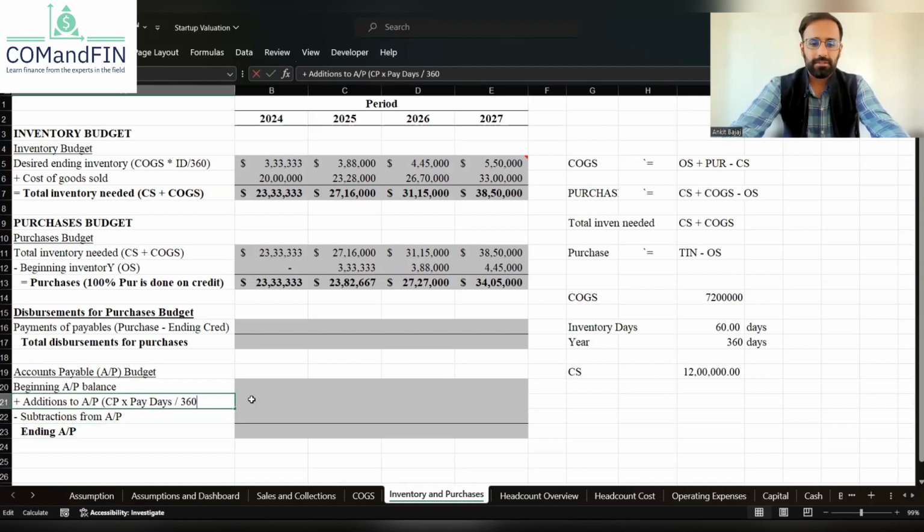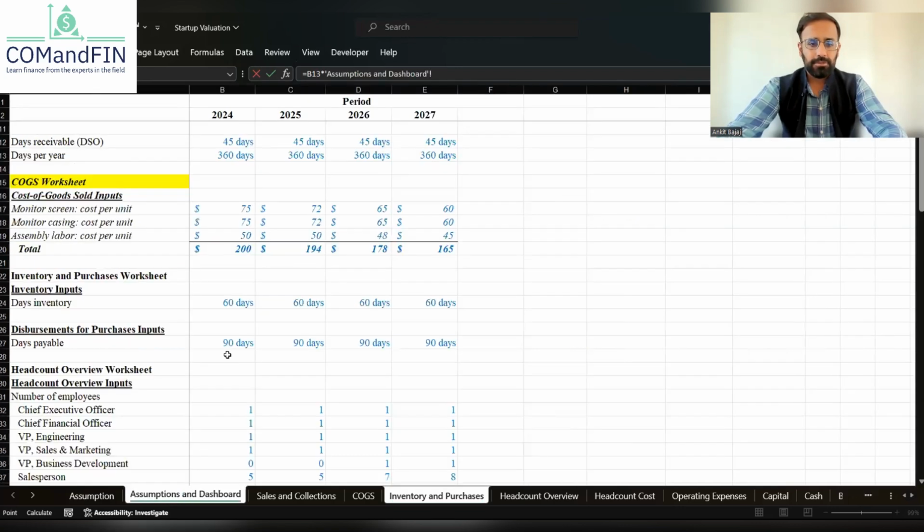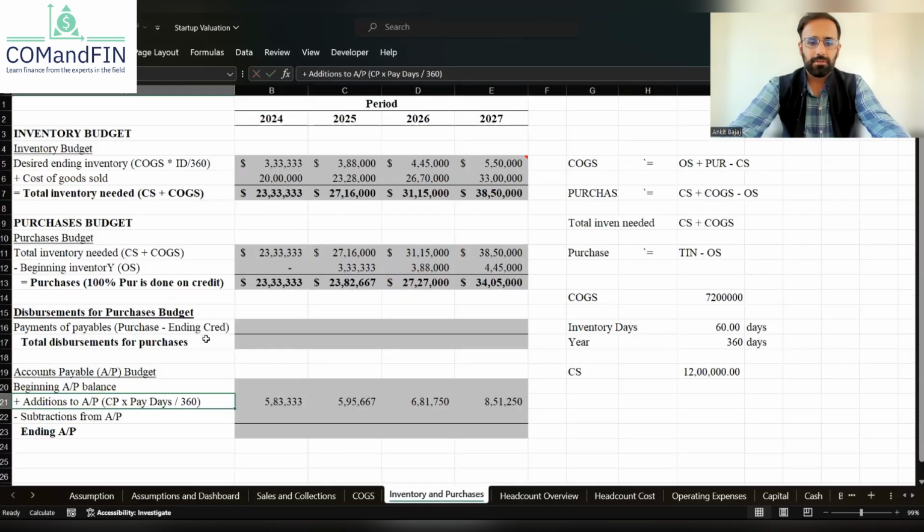To calculate the account payable amount, I will take the purchase amount, that is credit purchase, and multiply this with 90. In the assumption sheet, days payable is given, and we will divide this whole value with 360. Then we press Control Enter. So here we will be able to find out the addition to the account payable amount.